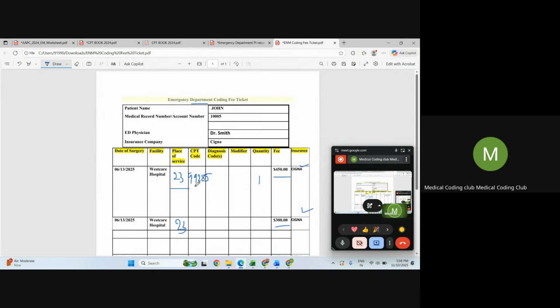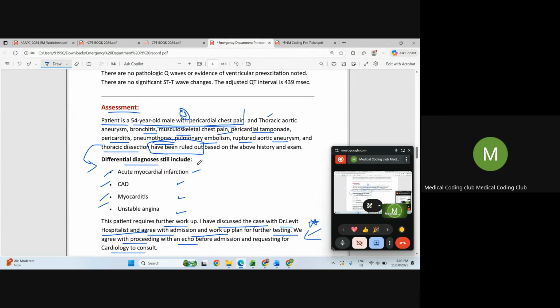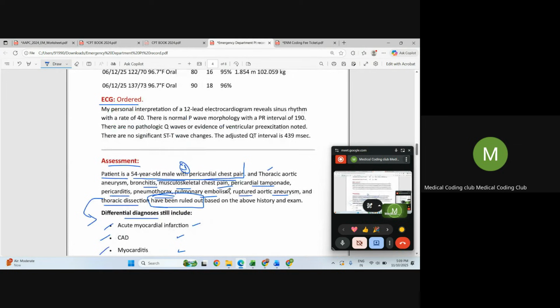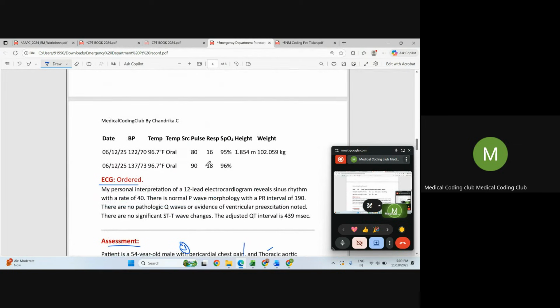After calculating the MDM and after getting your ED E/M code, now we will go back and look for the procedure. You have seen that the physician has ordered labs here, and also an ECG. Remember, whenever you are coding for an ED physician, if labs are not interpreted by him, we can't code for labs.